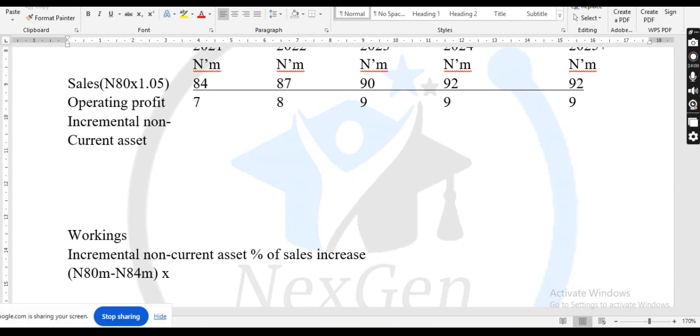Times what is the increase for incremental non-current asset? 5%. Times 5%. So what do you have here? That's 0.2.